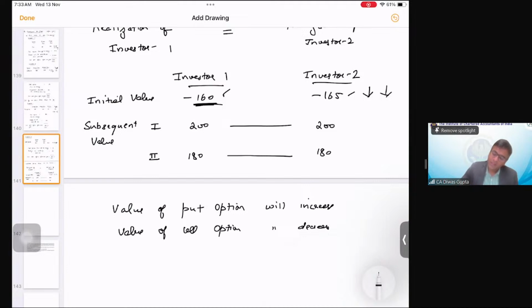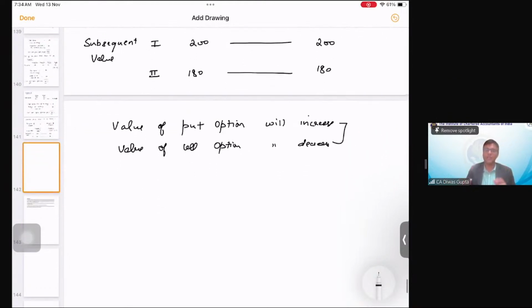Why? Because this is a less lucrative investment portfolio. By investing 165, you are still getting the same inflow that you will get by investing 160. So rather you will prefer investing 160, right? So this increase and decrease will adjust.